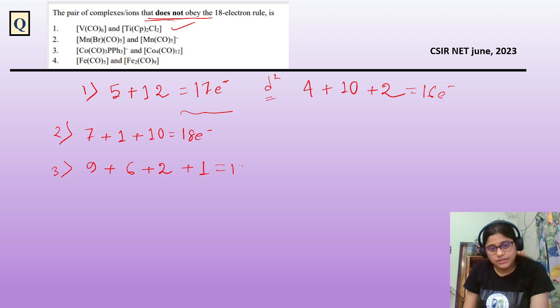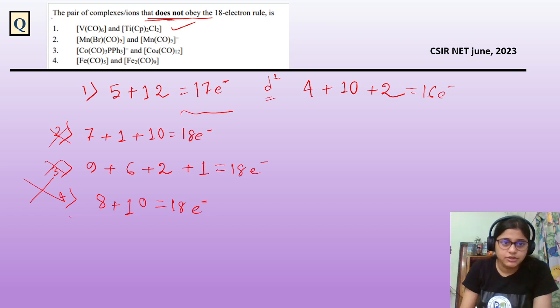So it is also 18 electrons. So we should not see the next one. Fe we have to take 8, and 5 carbonyls is 10, so 18 electrons. So it is following again. So these are not the correct options. The correct option is 1.